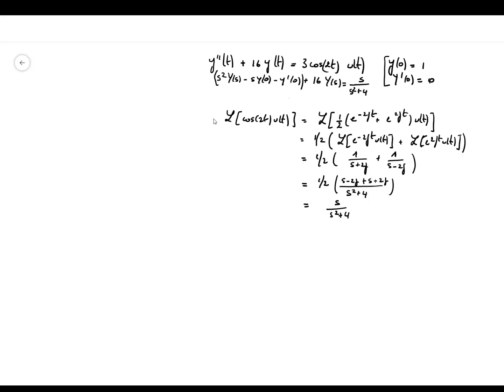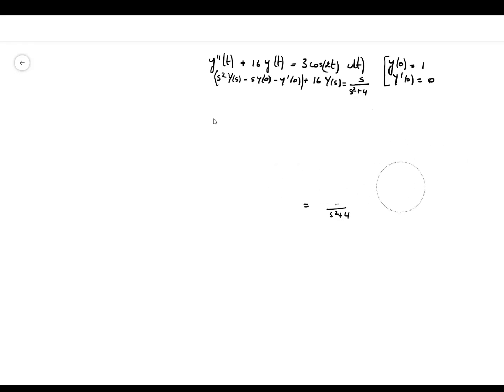Okay, so we've taken the differential equation and transformed it after Laplace transform. So what we can do now is collect all terms in Y(s).